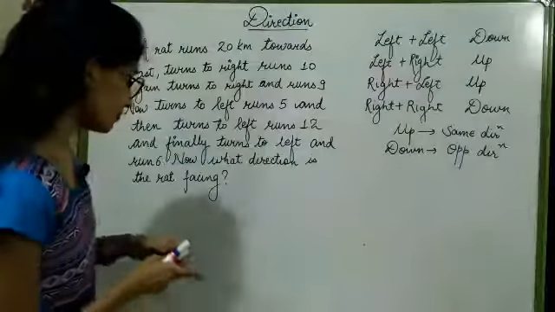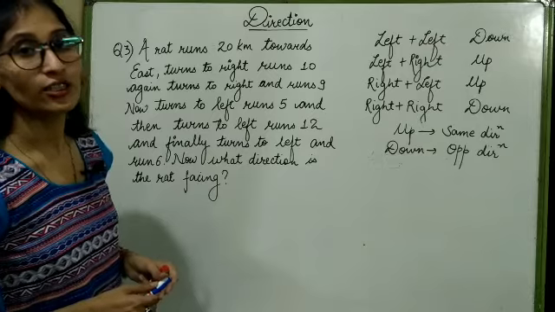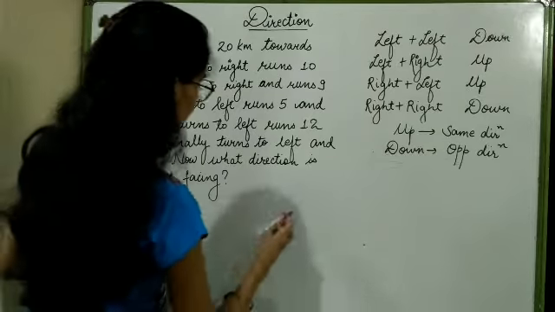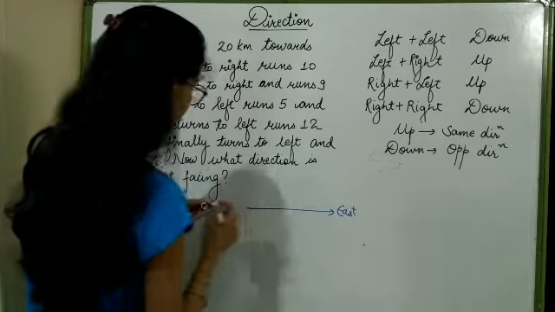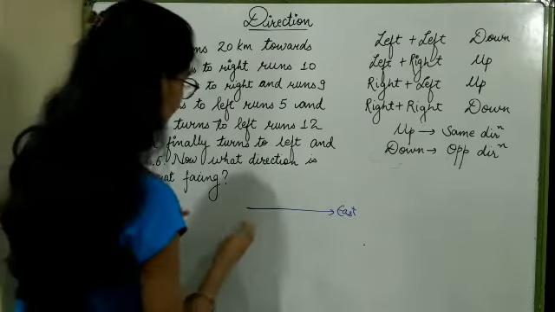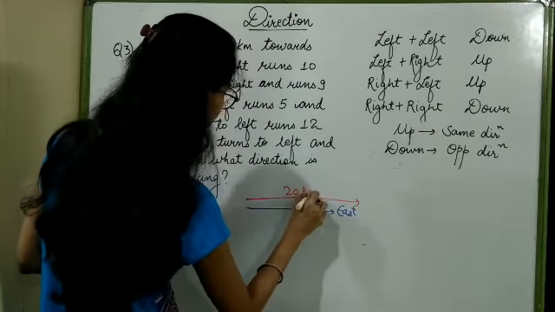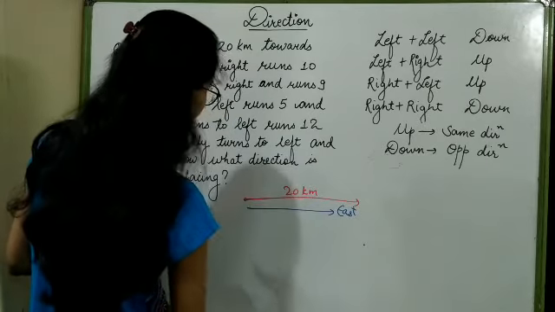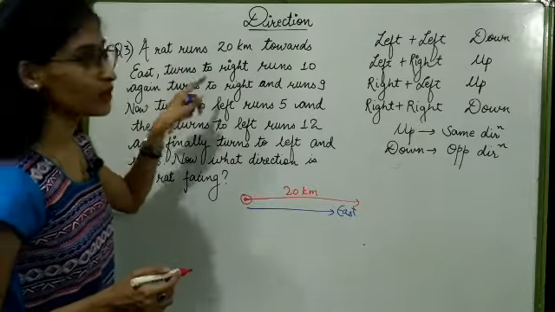So let's start. First, the rat runs 20 kilometers towards east. This is my east direction. A rat runs 20 kilometers towards east. 20 kilometers in this direction. This is his starting point. Then turns to right.